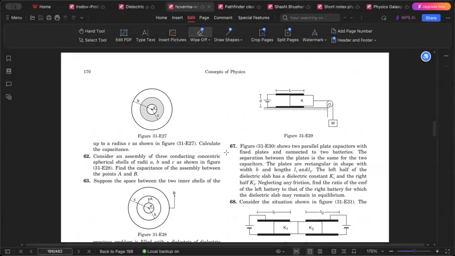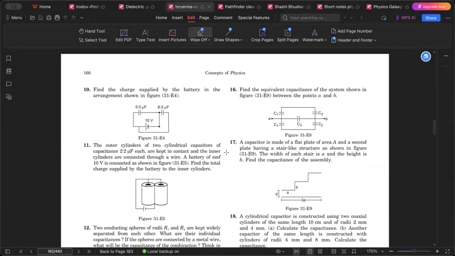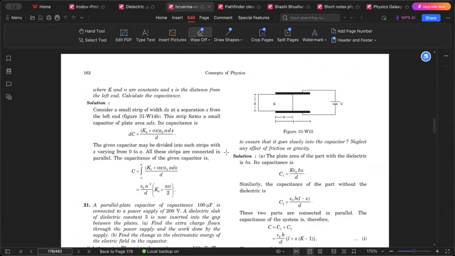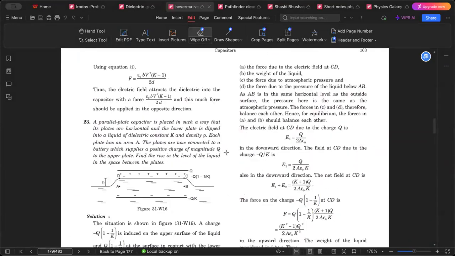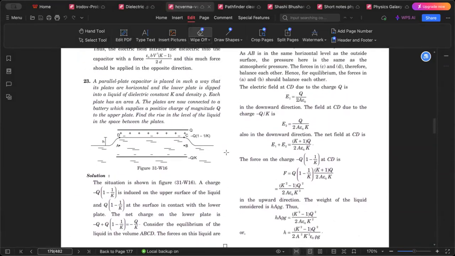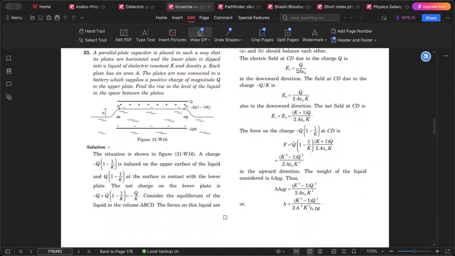Now you see in HC Verma, the solution which they have given, just see this. Same question. Parallel plate capacitor is placed in such a way that its plates are horizontal and the lower plate is dipped. Okay, everything is fine. So they have done this in the force method.